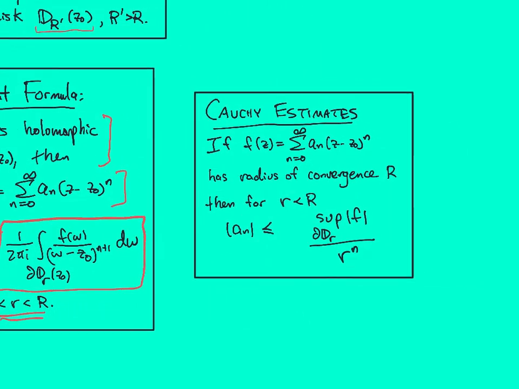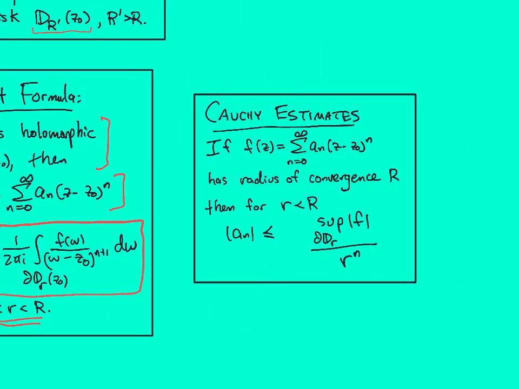So the Cauchy estimates are here. If I have a function written as a power series with radius of convergence R, then for little r less than big R, I can get an estimate on the coefficients in terms of properties of the function.